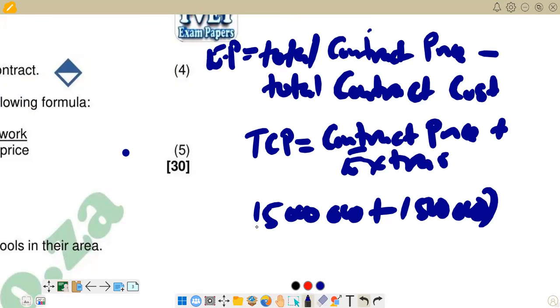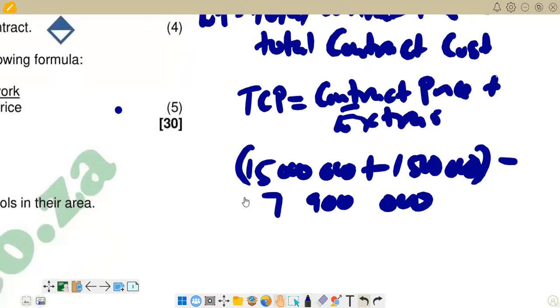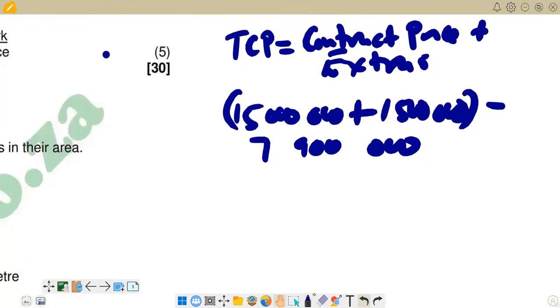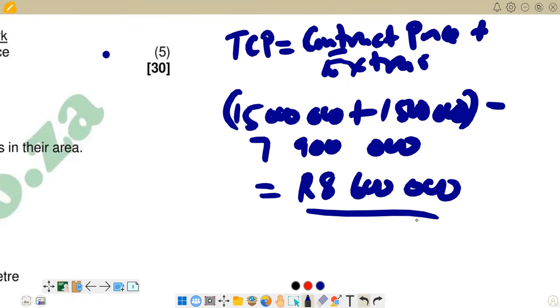Then we subtract the figure for total contract cost, 7,900,000. If you calculate correctly there, we are supposed to get 8,600,000. So that is what we have in terms of estimated profit.